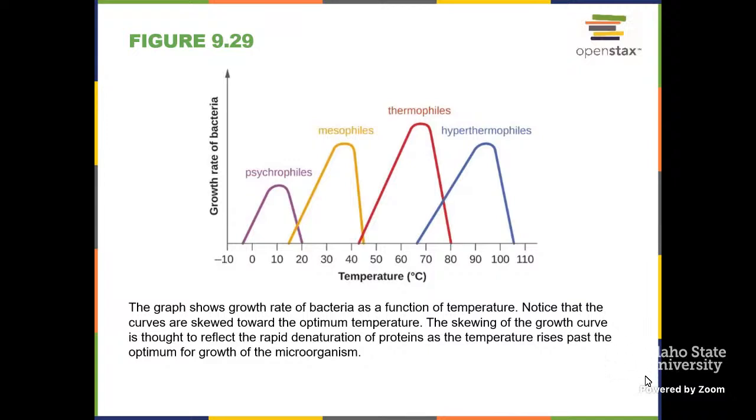So mesophiles have an optimal right at our body temperature, 37, love it, all right? Little bit of window either way. They can survive lower temperatures, 15-ish degrees Celsius, about 45 degrees Celsius as their maximal, all right? And as we go either way, very inhibitory, all right?